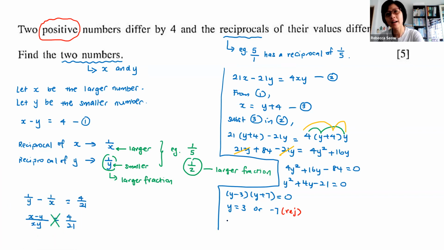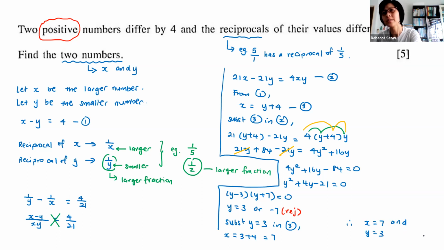Hence, I substitute y equals 3 into equation 3 to get the corresponding value of x. So x is 7. Therefore, x equals 7 and y equals 3. So that's the first question.